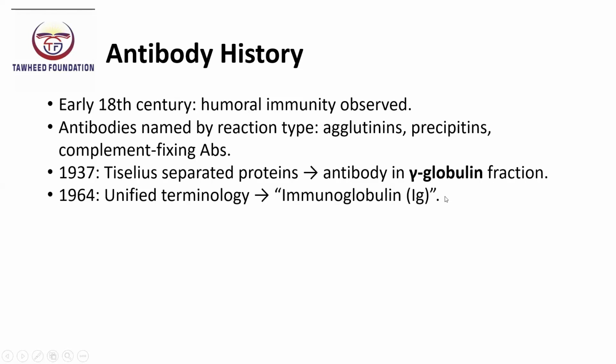This is why antibodies are sometimes called gamma globulin. In 1964, a common terminology was adopted internationally, the term immunoglobulin, Ig. Immunoglobulins are defined as animal proteins with known antibody activity as well as related proteins found in certain pathological conditions like myeloma or macroglobulinemia.